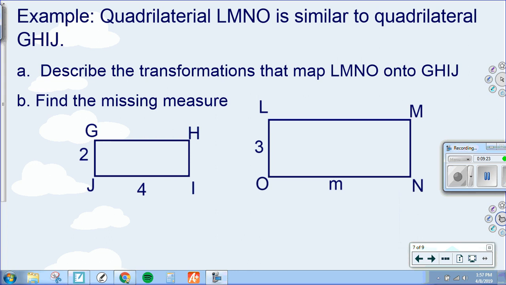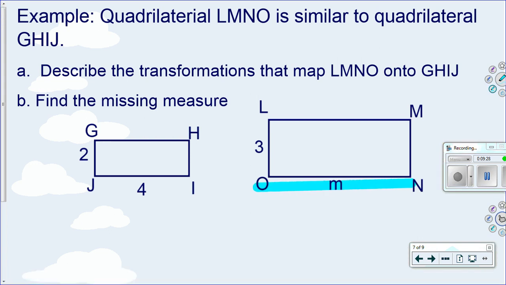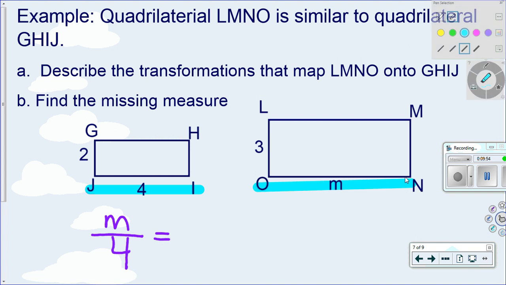Okay, so now we're finding the missing side. So which side is missing? M. We're looking to solve for M here. So M over which side on GHIJ corresponds to NO? IJ. So we are going to write M over 4 is equal to, we have to find another set of corresponding sides.